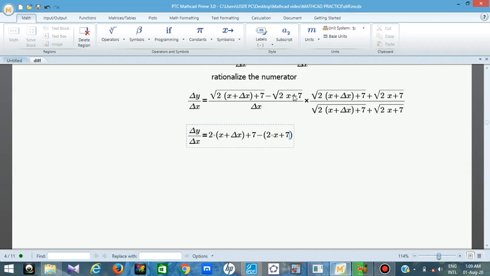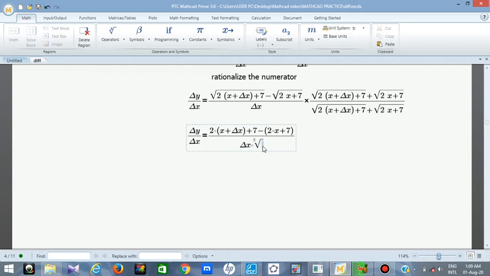When you expand the numerator, take your time. You can use your pen and your paper to do the expansion. When you do it, you will see that this is the answer. So take time and expand it very well. While the denominator, delta x will come first, so let's put it there. Delta x is going to multiply the root of this value.